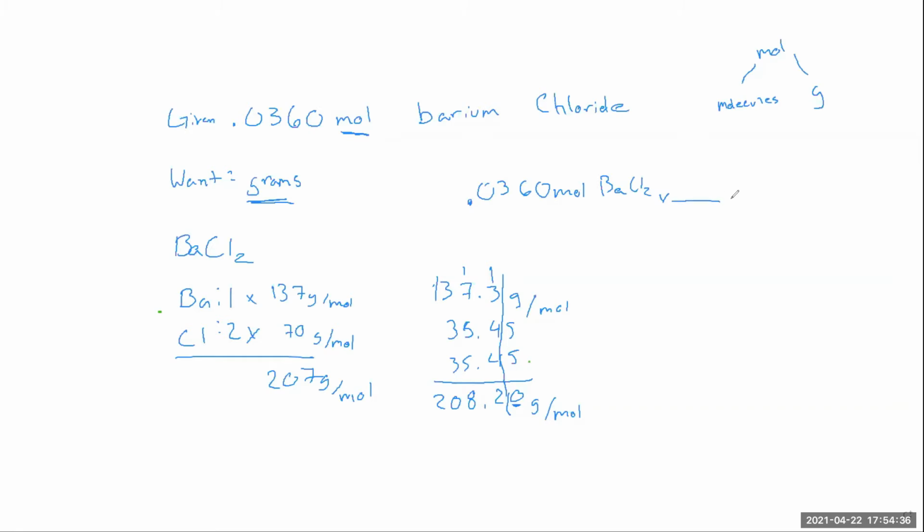And then would it be 1 mole on the bottom and on top 208.2? So I want to put 1 mole of barium chloride and that 208.2 grams of barium chloride.